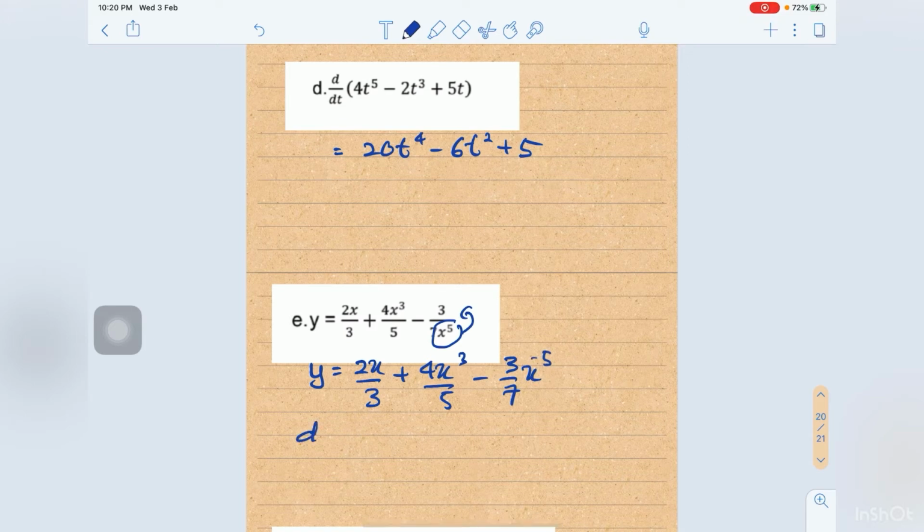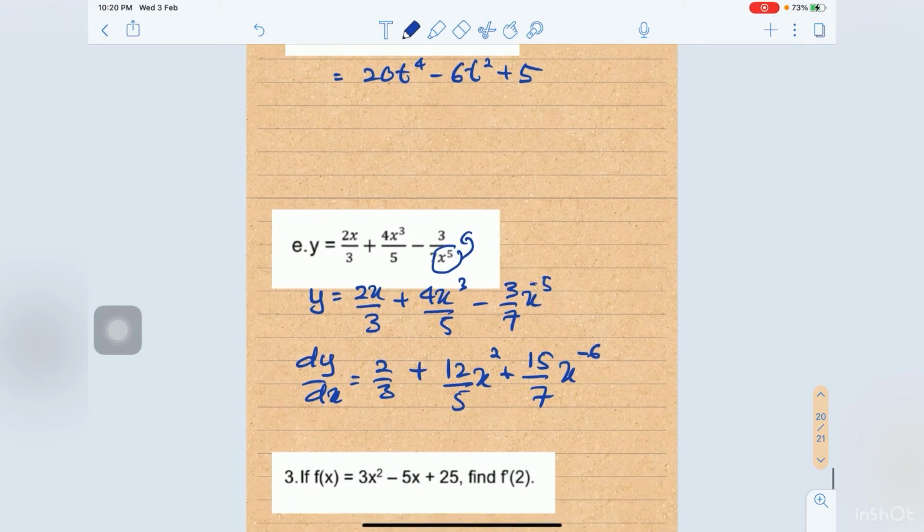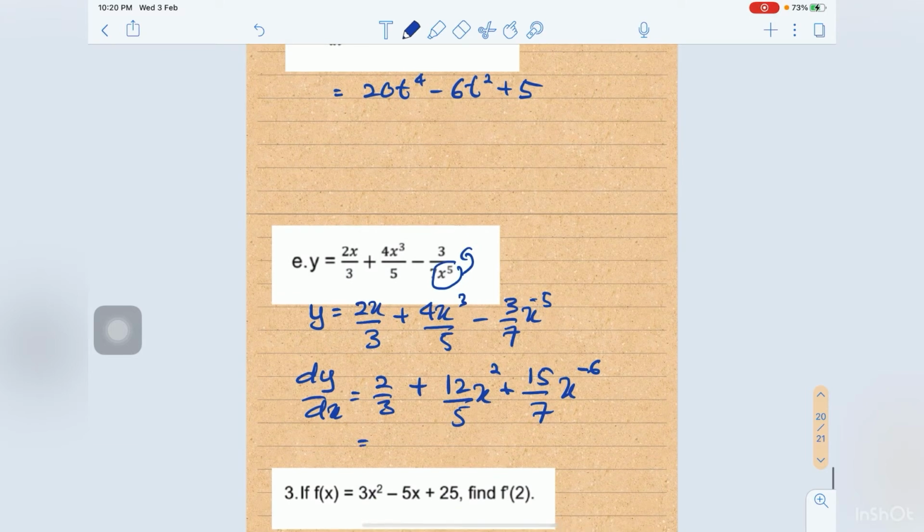Then we can differentiate. We get dy/dx equals 2 over 3 plus 4 times 3, 12 over 5 x power of 2. Negative times negative is positive, 15 over 7 x power of negative 6. Then we can simplify to make it more proper. So we get 2 over 3 plus 12 over 5 x squared plus 15 over 7 x power of 6.